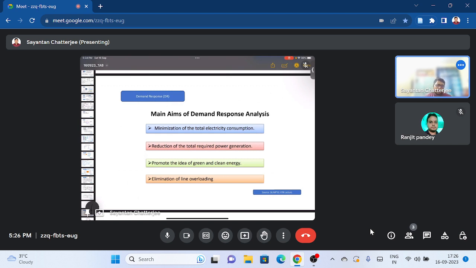Suppose, based on this demand side management program, we need to defer the time of consumption of some essential devices or equipment, but for that we need to take the permission of the customer. So whether that customer is willing to shift their own time of usage, so that the demand response analysis, means DR, or we can say DSM DR. This is the final objective.